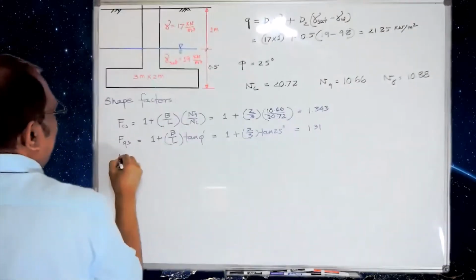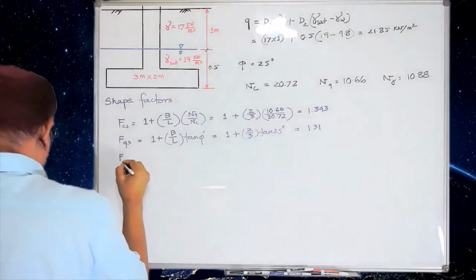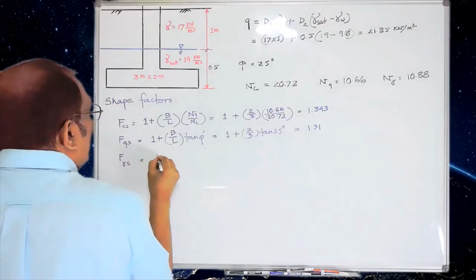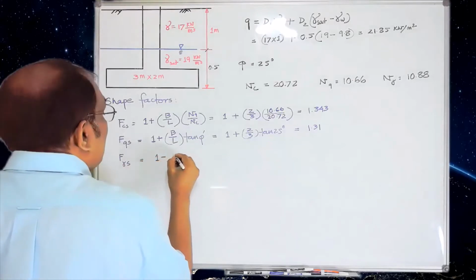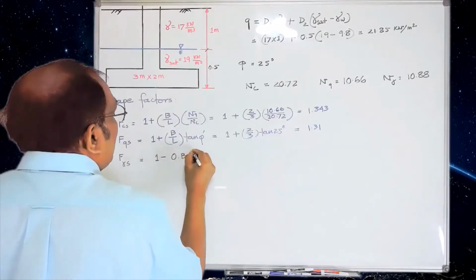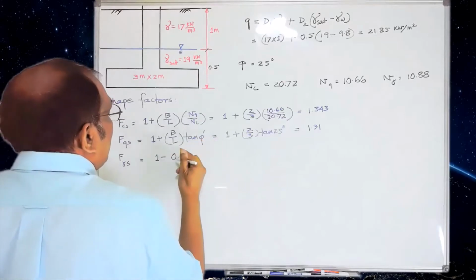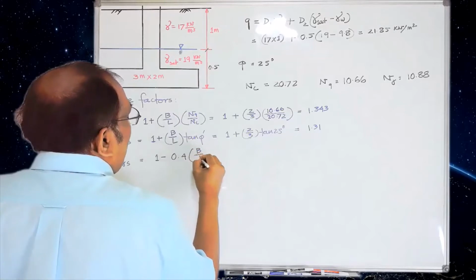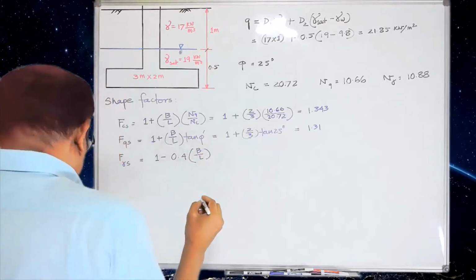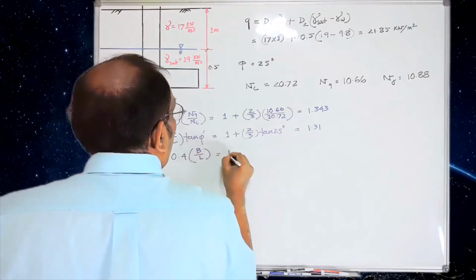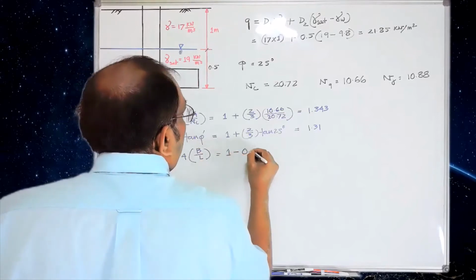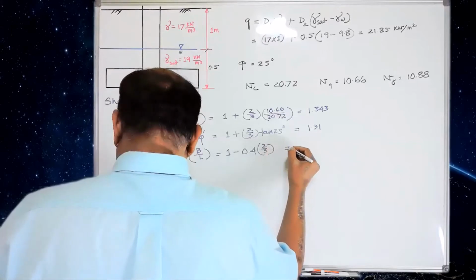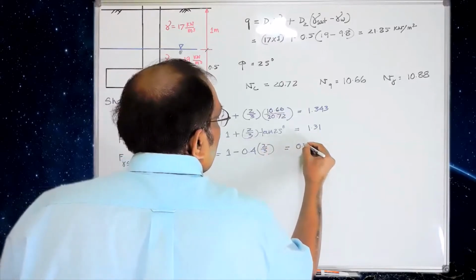And your F gamma S is equal to 1 minus 0.4 B by L. So this one is 1 minus 0.4 into 2/3, which is basically 0.73.